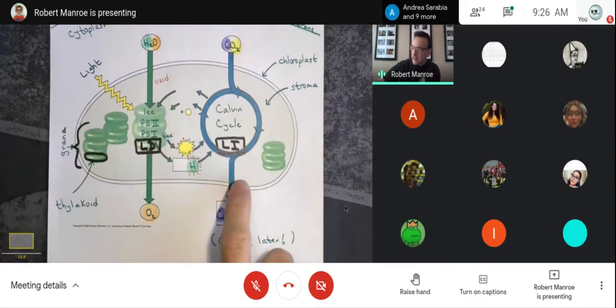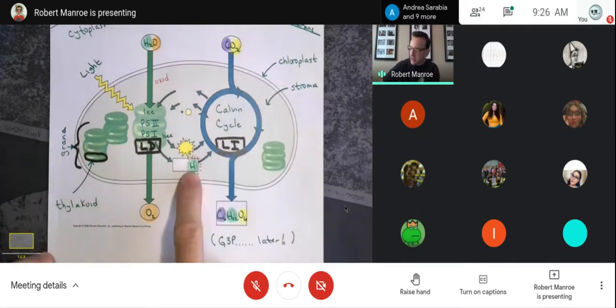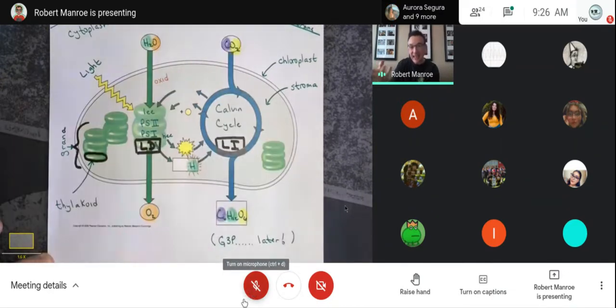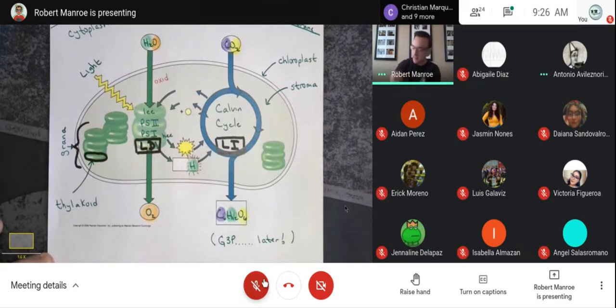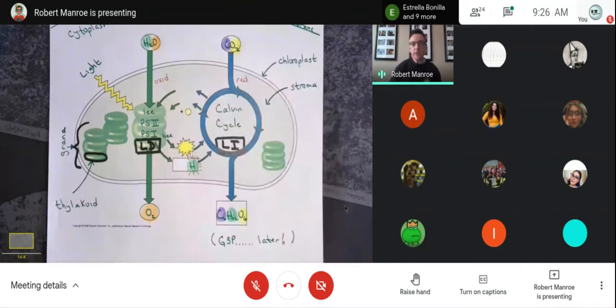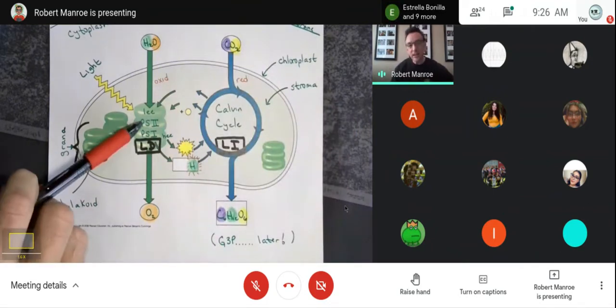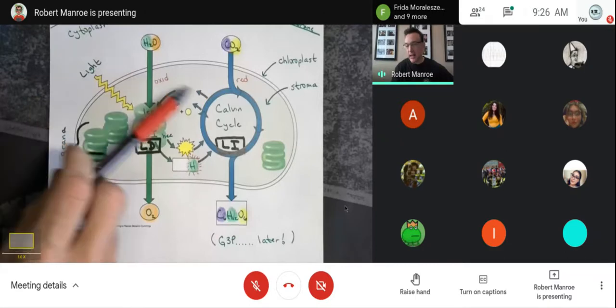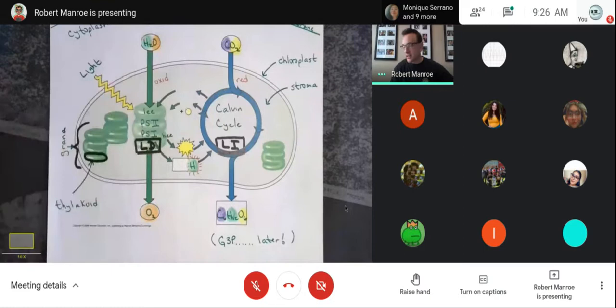Now, if carbon dioxide is picking up this high energy electron, right? What process do I need to put right there? Since carbon dioxide is gaining electrons. Reduction. Totally agree. Okay, so in photolysis, water is oxidized, and in the cycle, carbon dioxide is reduced.